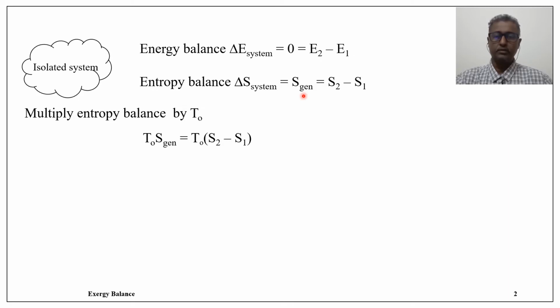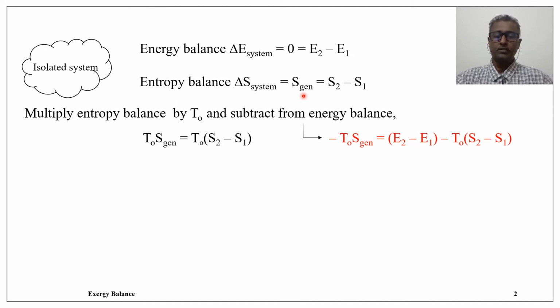Subtract this equation from the energy balance equation. It is minus T naught S generated is equal to E2 minus E1 minus T naught times (S2 minus S1). On the left hand side of the energy balance, it is 0. Therefore, 0 minus T naught S generation is minus T naught S generation.